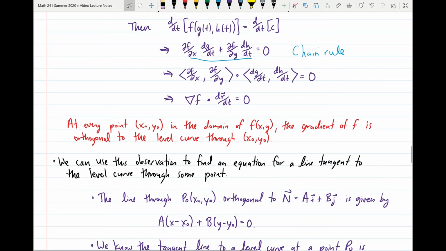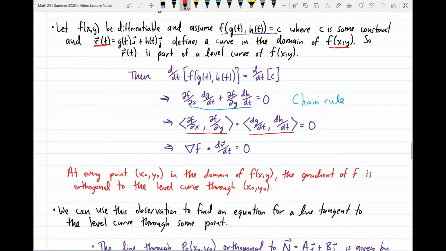But now we can represent the left-hand side of the equation as the dot product of two vectors. Ultimately, it's the dot product of the gradient vector of f and the derivative of our curve r with respect to t.